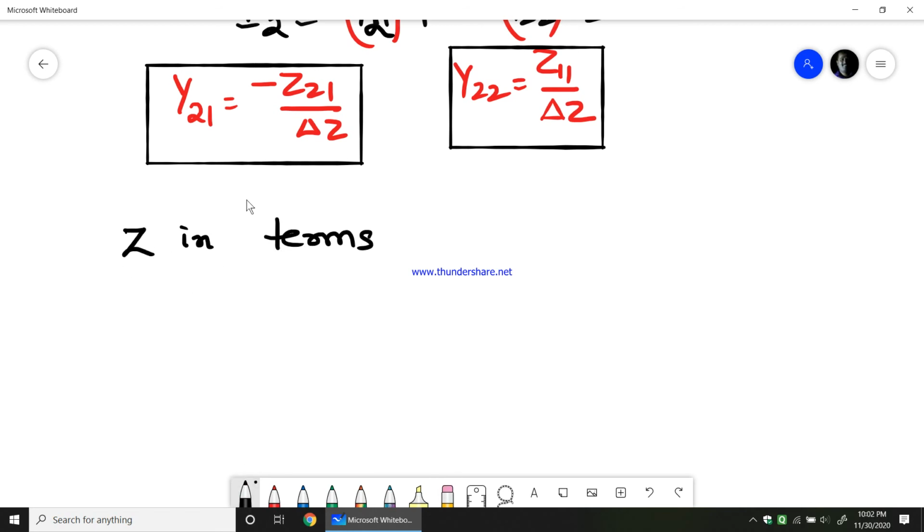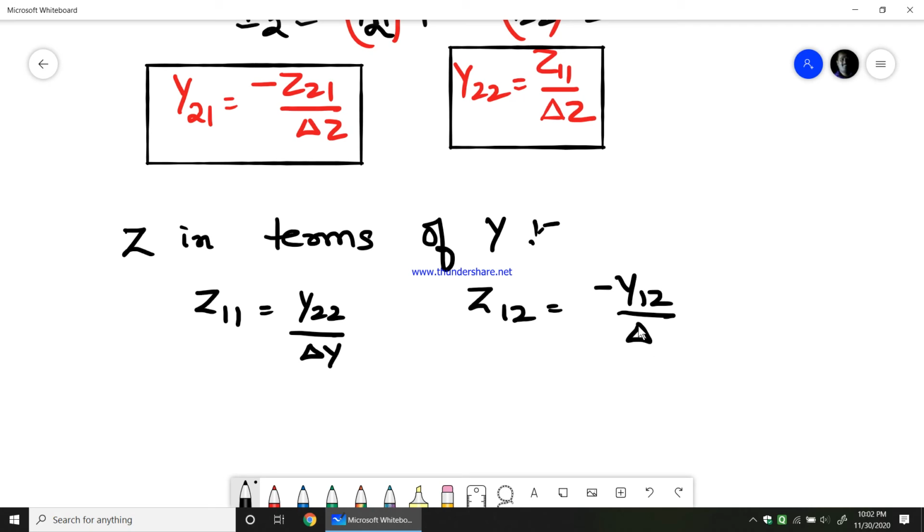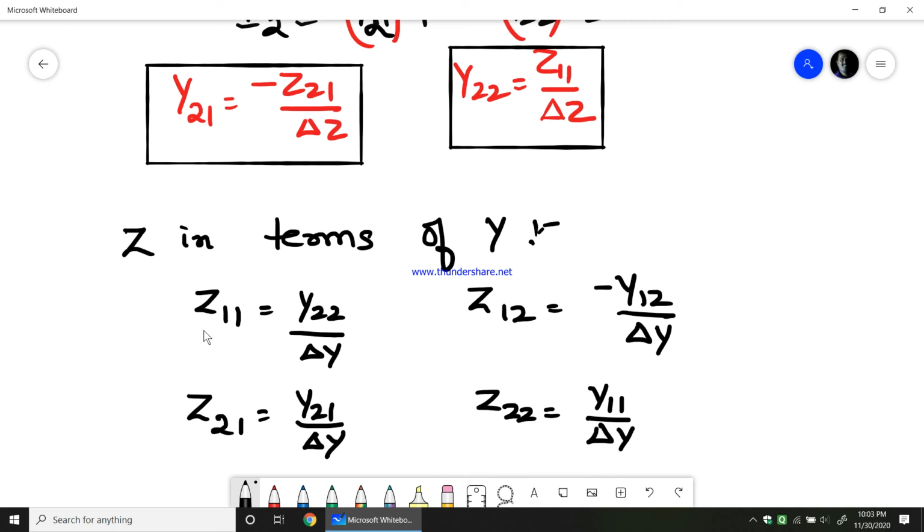Whatever we did for Y in terms of Z, take the Y parameter equations and get them in terms of Z. If you do that in the reverse direction, what you get is Z11 equals Y22 by delta Y, Z12 equals minus Y12 by delta Y, Z21 equals minus Y21 by delta Y, and Z22 equals Y11 by delta Y. This is how you get Z in terms of Y.